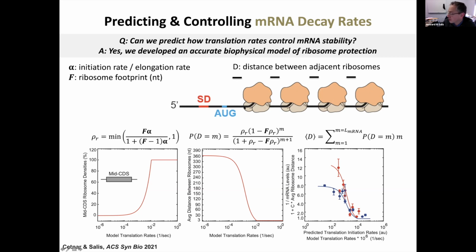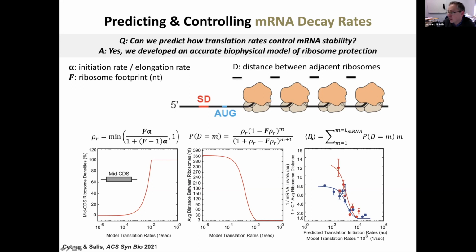We also can input in the ribosome's footprint, as well as the ratio of the ribosome's initiation rate over its elongation rate. So based on really these two numbers, alpha and F, we can calculate the density of ribosomes on the messenger RNA, and we can calculate the distribution of distances between adjacent ribosomes.